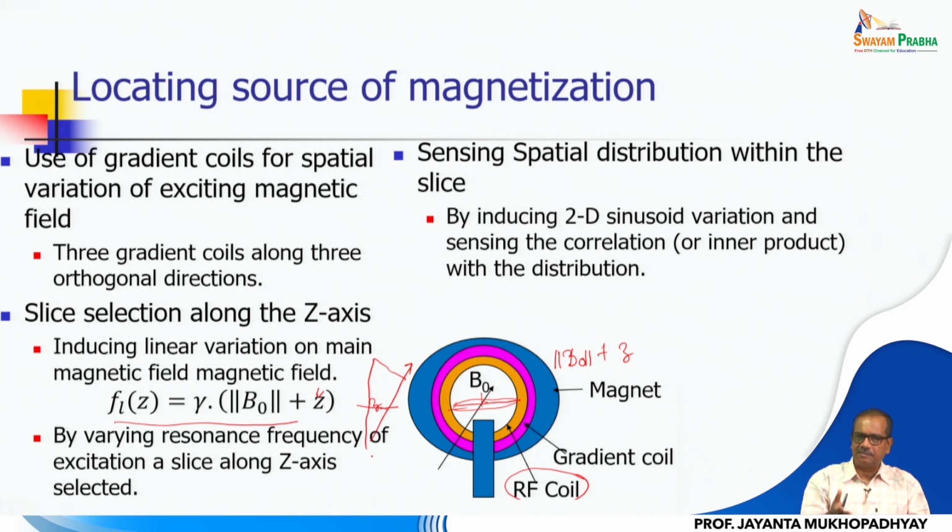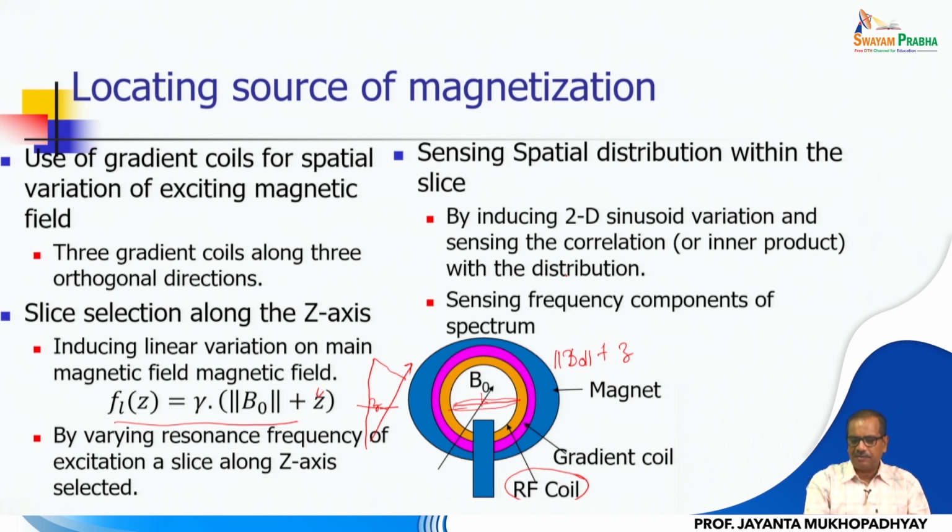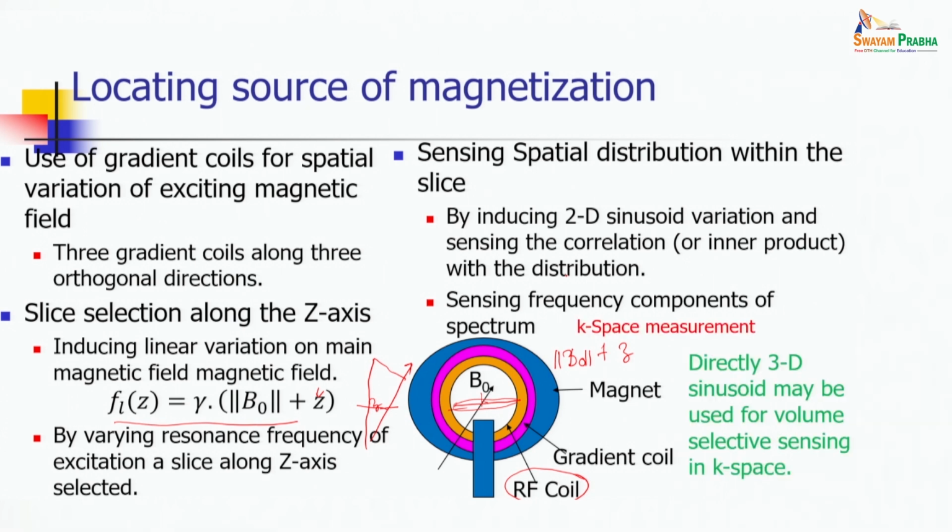So only the in-phase components are accumulated. In this way it is a kind of inner product of a sinusoid with the function, which means that you are actually sensing the frequency spectrum component at that point. So this is what we are sensing, a frequency component, and this measurement is called K-space measurement, because K indicates the frequency value in the digital domain.